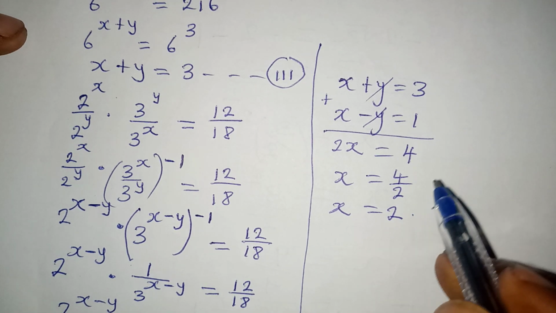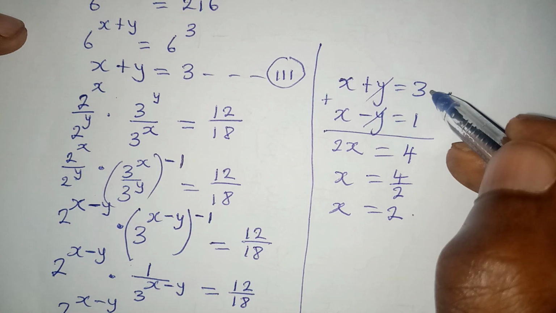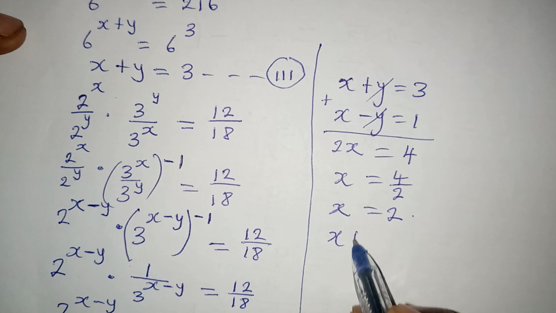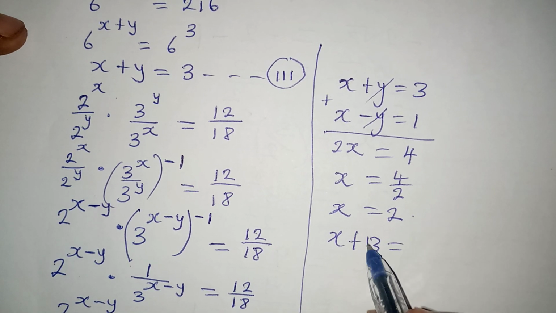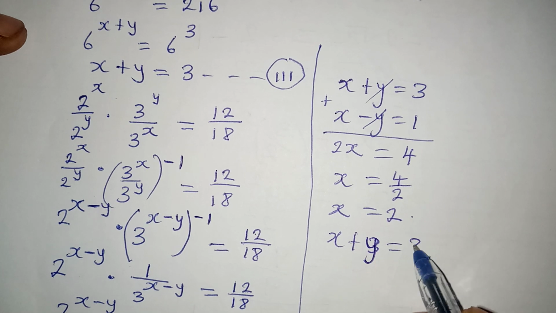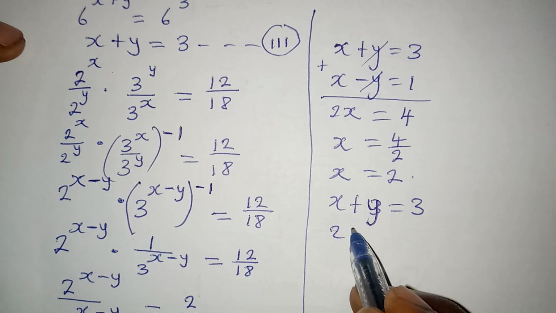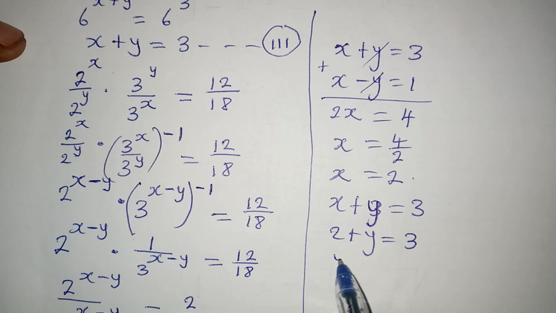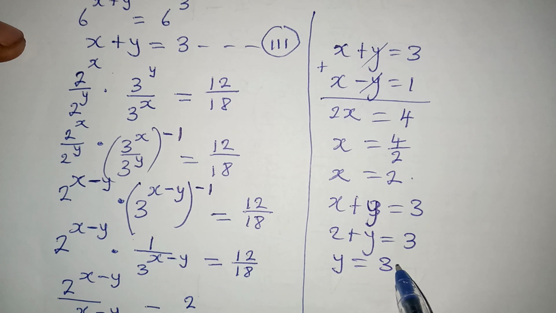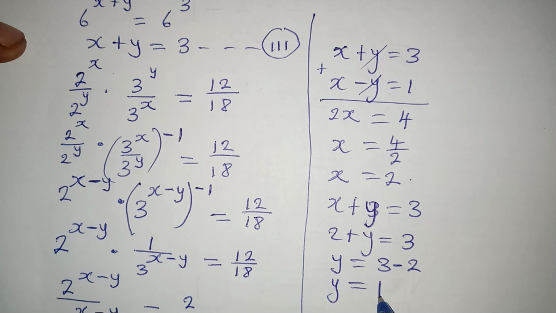Now, if you want to get your y, work with equation 3, x plus y equal to 3. And our x is now 2, so 2 plus y is equal to 3, meaning that y is equal to 3 minus 2, and our y is equal to 1.